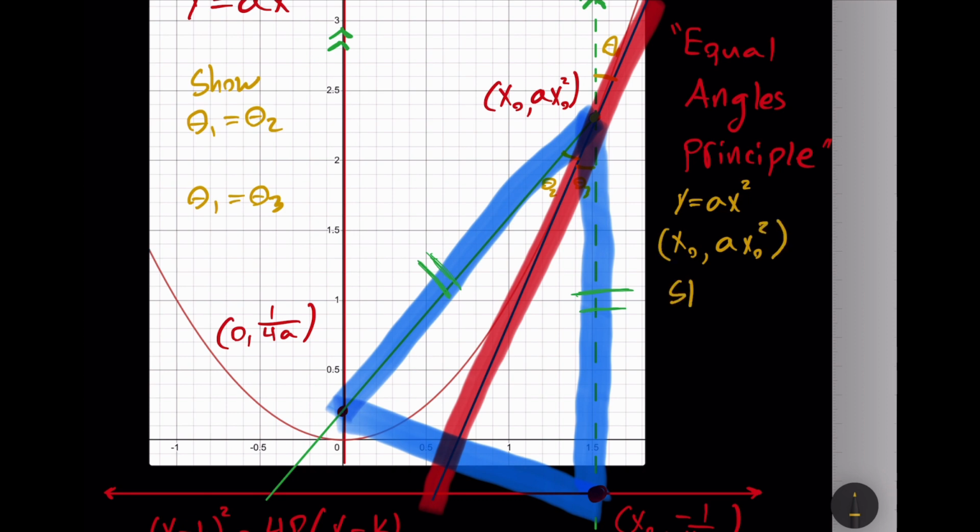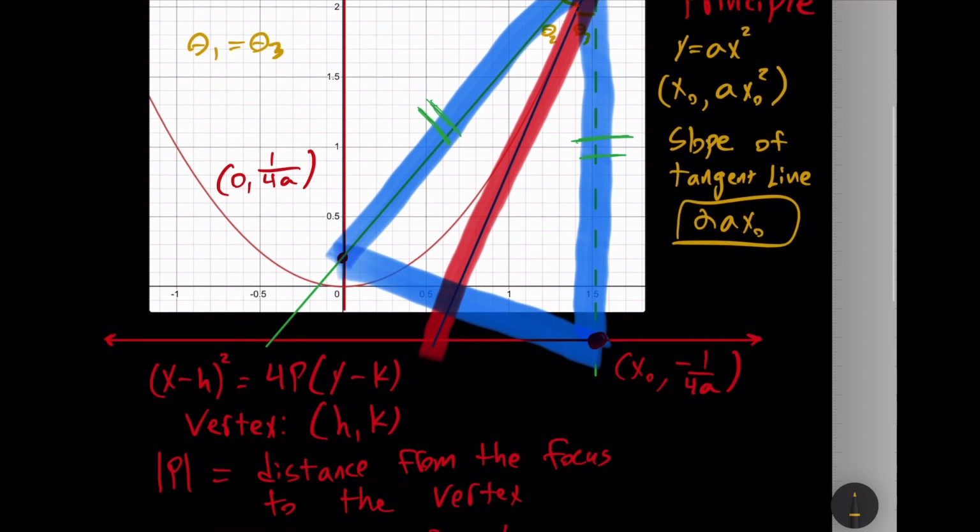So the slope of the tangent line is 2a x naught.